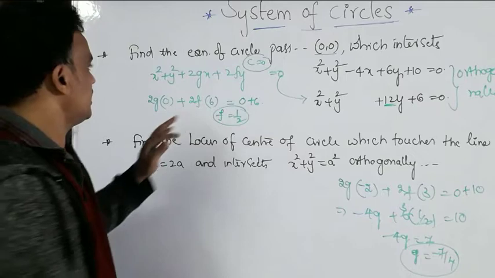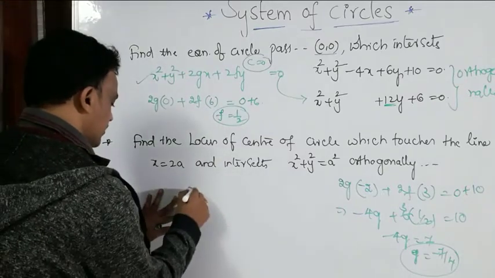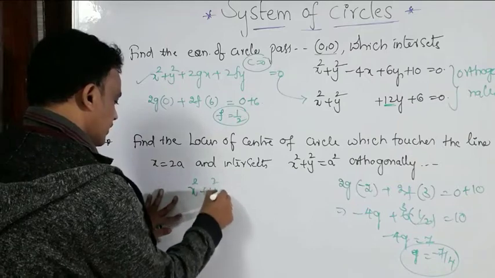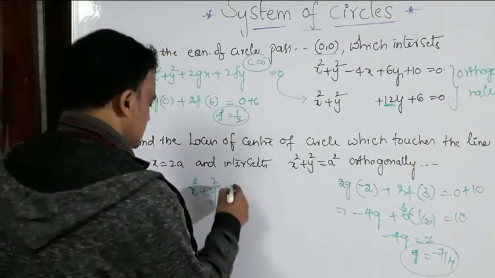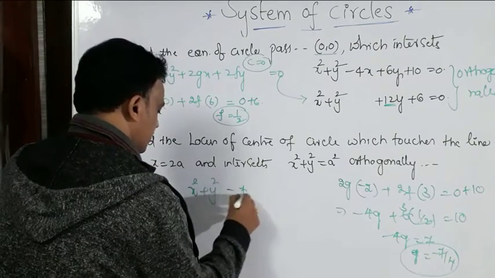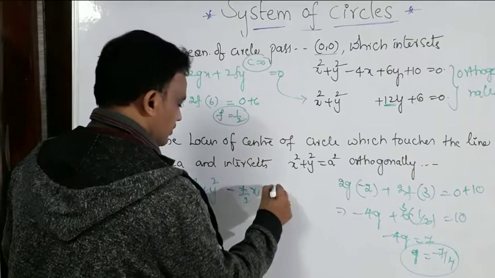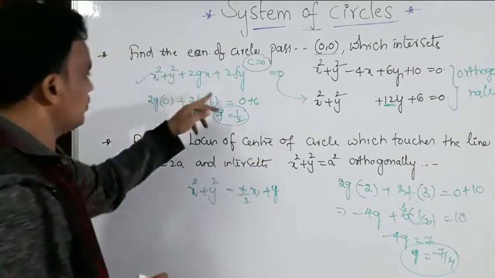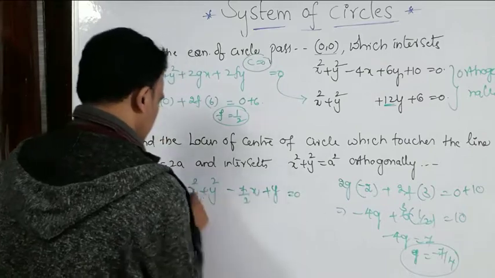By substituting here, we will get the equation of the circle. What is the equation of the circle? Finally, x square plus y square plus 2gx, 2g value which is minus 7 by 2 x, and 2f value plus y, 2fy, is equals to 0.